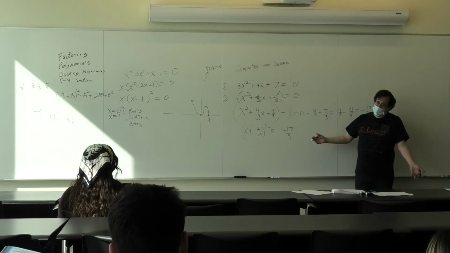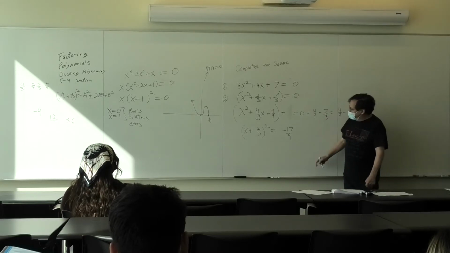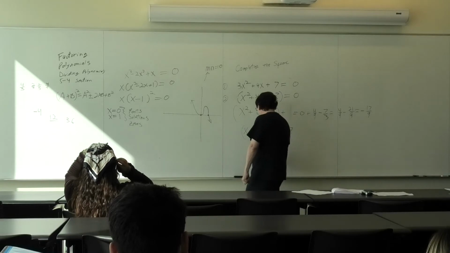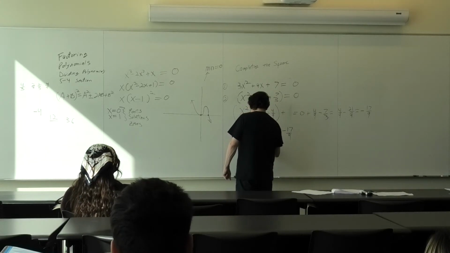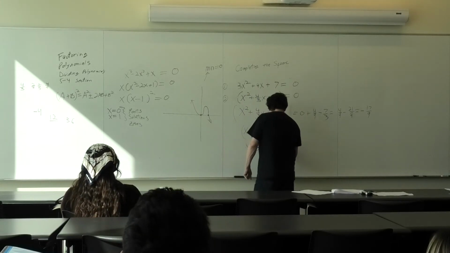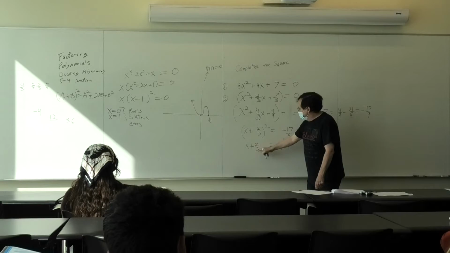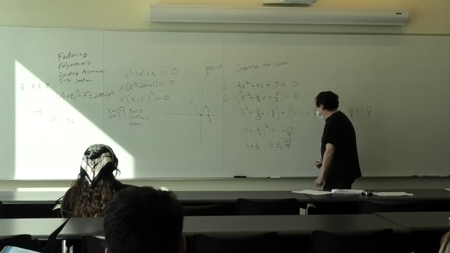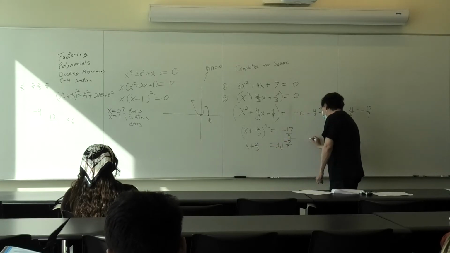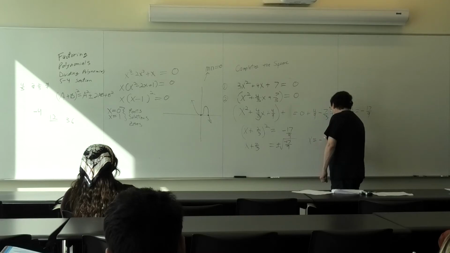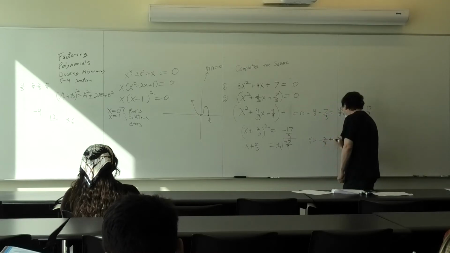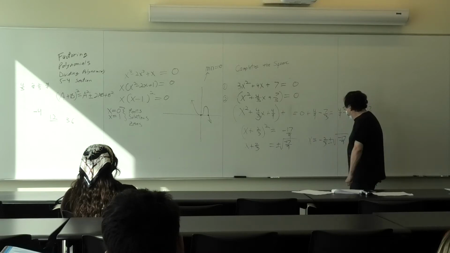Now we just go through that same process I did the first time. We find the square root of both sides. And now we're going to subtract 2/3 from both sides. So I get x equals negative 2/3 plus or minus the square root of minus 17 over 9.